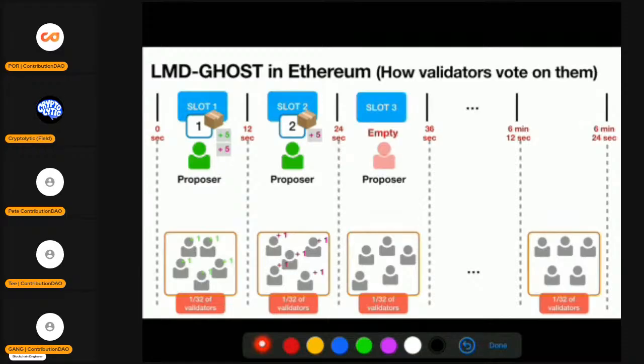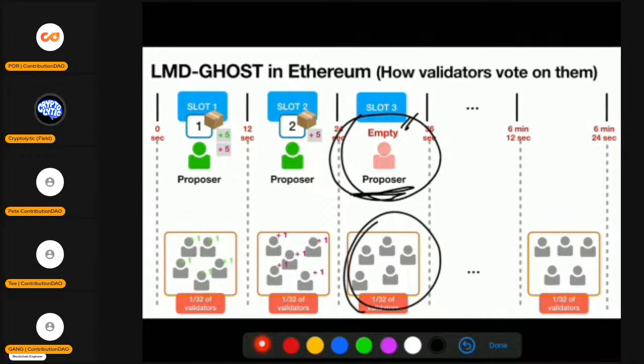And now, if there is a case in slot T where the proposer is missing and does not propose a new block, what is going to happen is that these validators have to vote for the head.